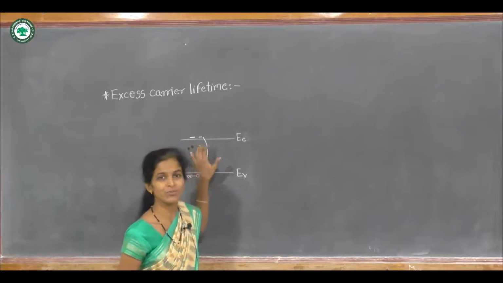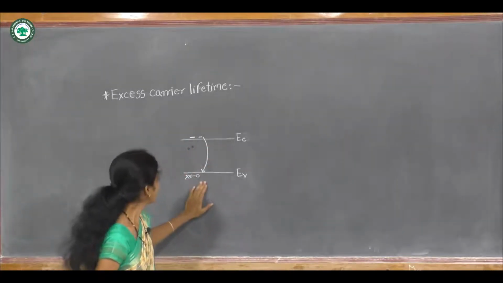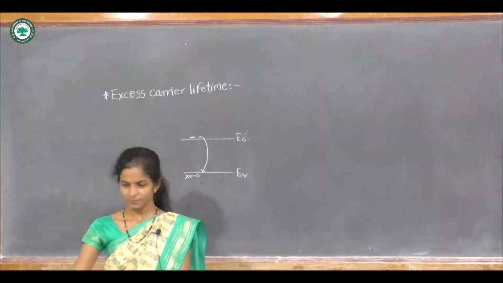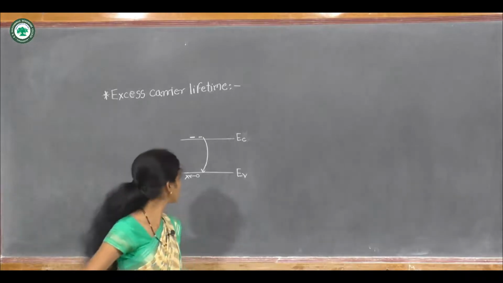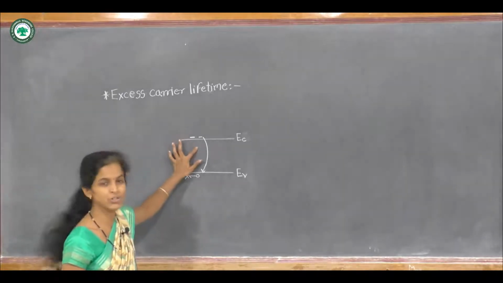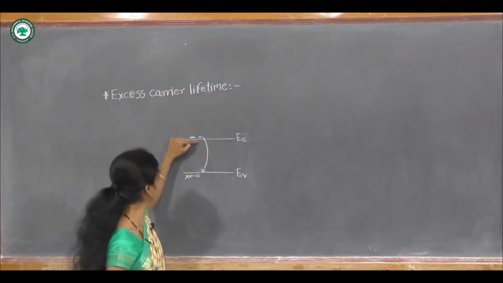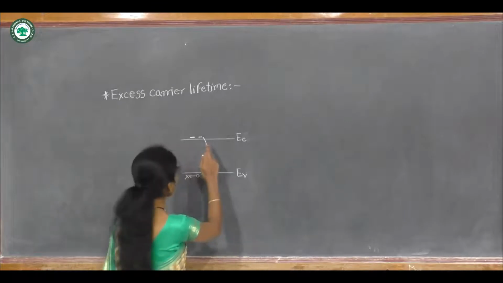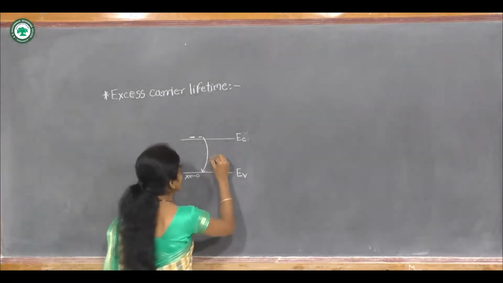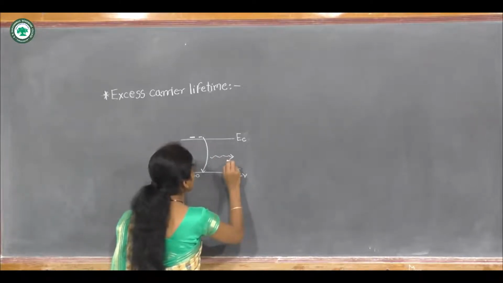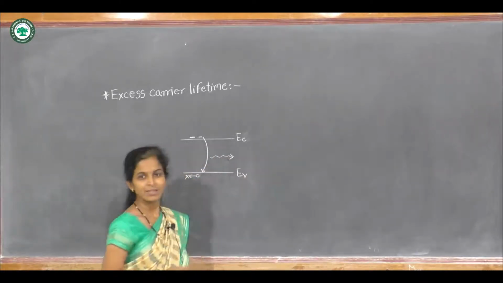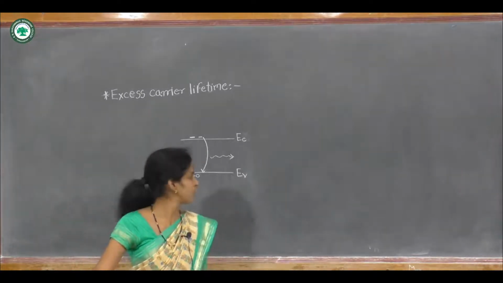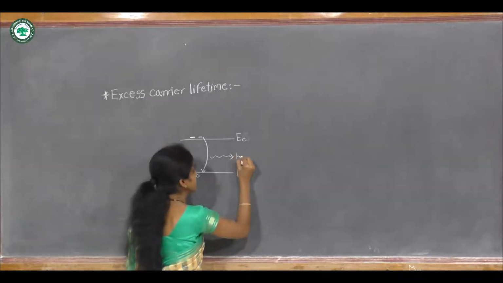When the electron from the conduction band falls to the valence band and recombines with the hole, the energy is lost and it is given out in the form of a photon of energy h nu.